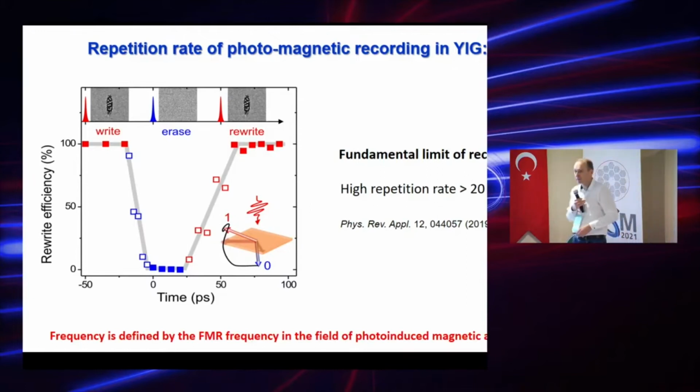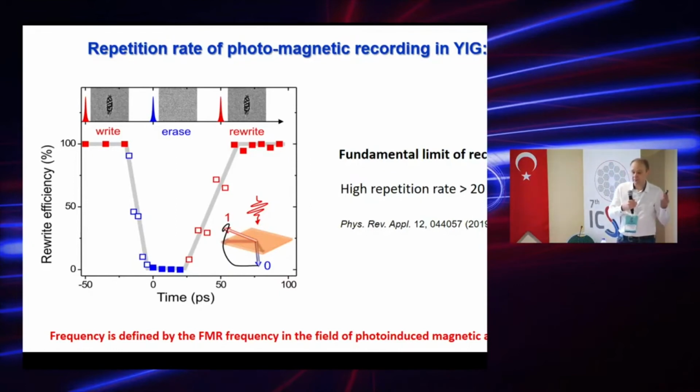At this moment, we are revealing a fundamental limit of the recording and the repetition rate frequency, defined by the intrinsic parameters of the materials, for example, the ferromagnetic resonance mode.